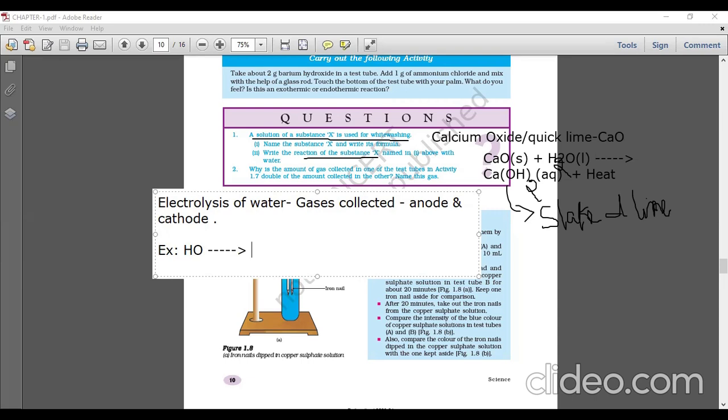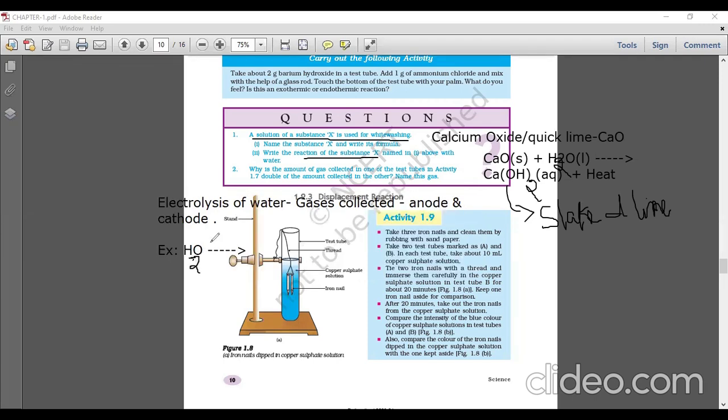When you pass electricity through H2O, this is the answer for the second one.